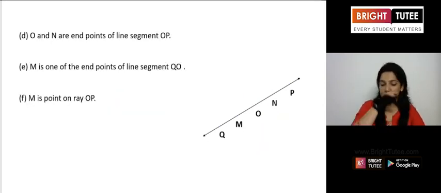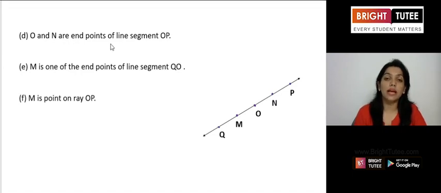Okay, so we are still left with 3 parts of the same question. Let's just mark these points again on the line. So these are the points on the line. The D part says O and N are endpoints of the line segment OP. What do you think?